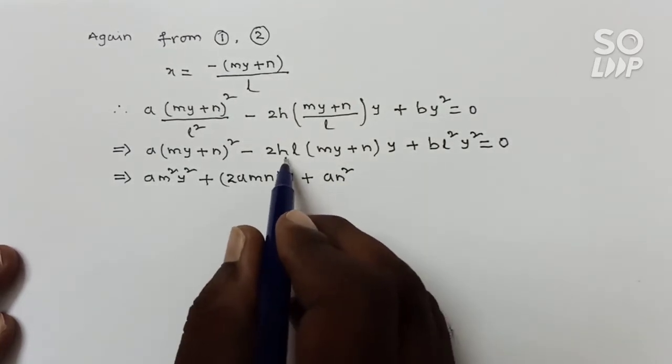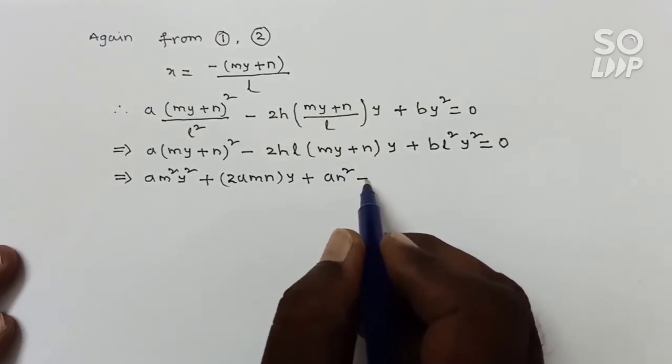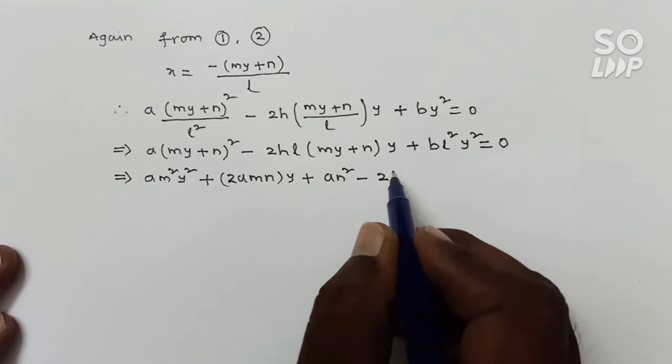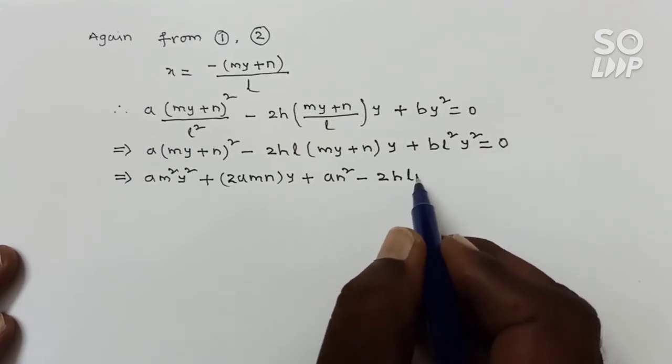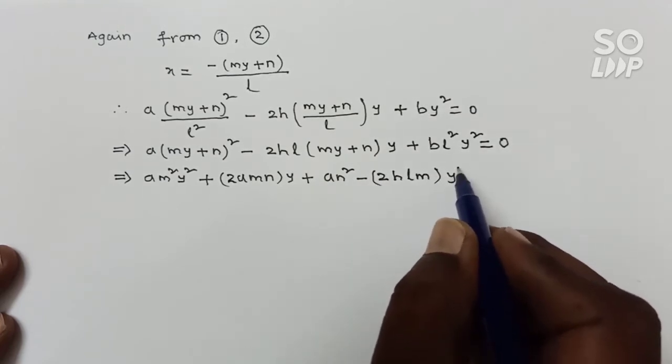Next multiply these 3 terms: minus 2h into L into m into y square.